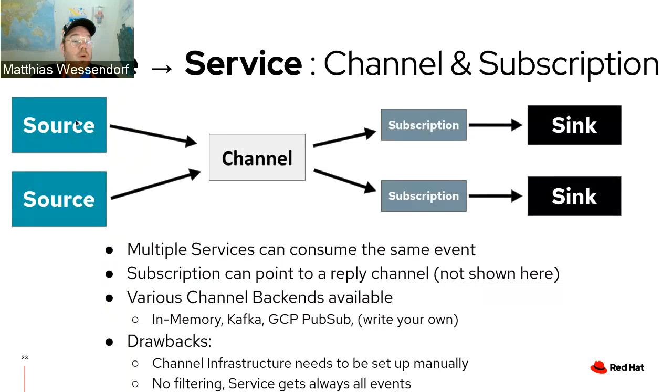What we see on my slide deck on the left side is that I have two sources that are both emitting their events to the same channel, one channel object, but now I have two subscriptions. So my first service is receiving all of the messages, and the second one is receiving the same type of messages. So this is a little bit more flexible.